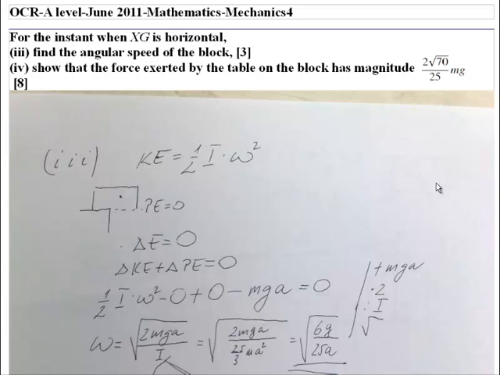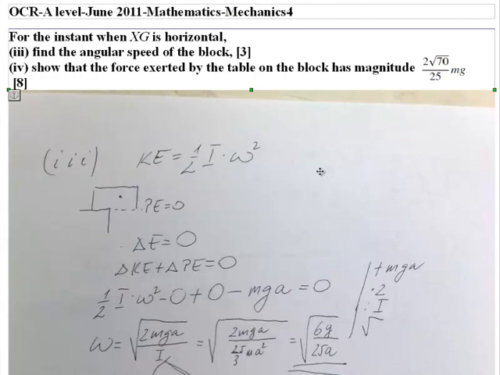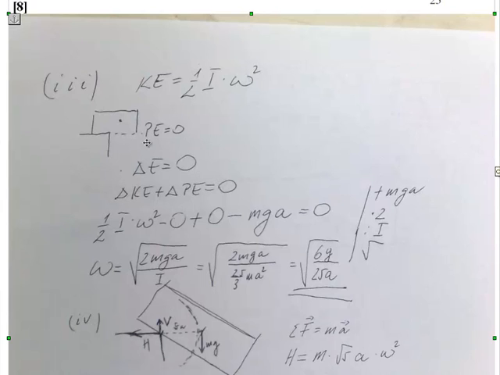For the instant when XG is horizontal, find the angular speed of the block. We will use that the change in mechanical energy is equal to 0, and kinetic energy is 1/2 times moment of inertia times angular speed squared, and the zero level of potential energy is here.